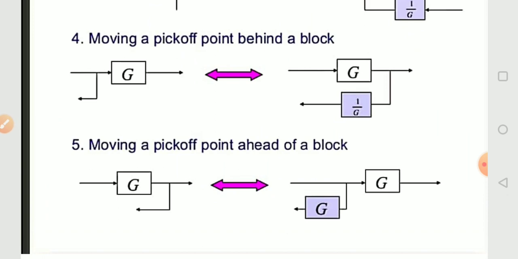And the last is moving a takeoff point ahead of a block.